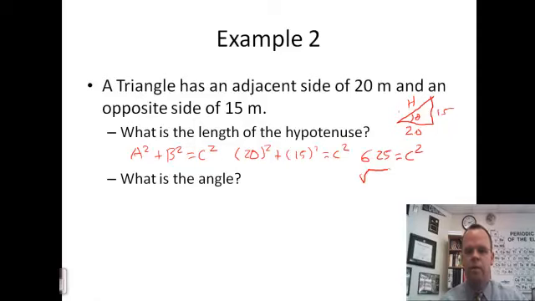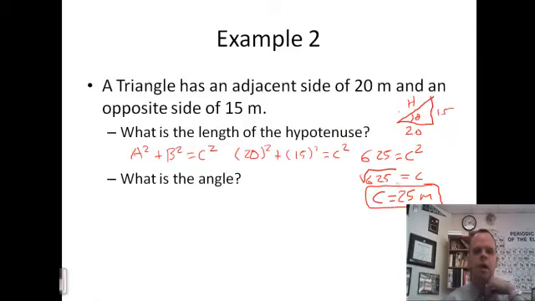Now we need to take the square root of 625, and we get 25 as our third side. So this hypotenuse is 25 meters long.